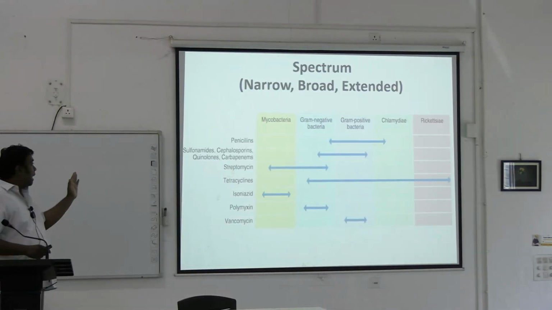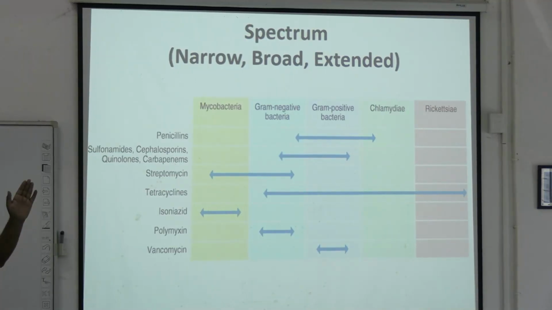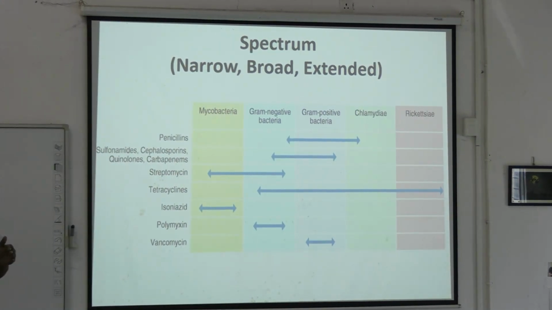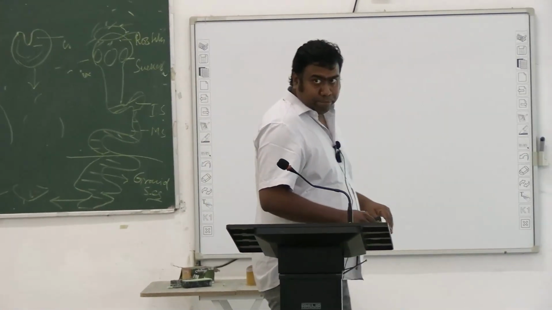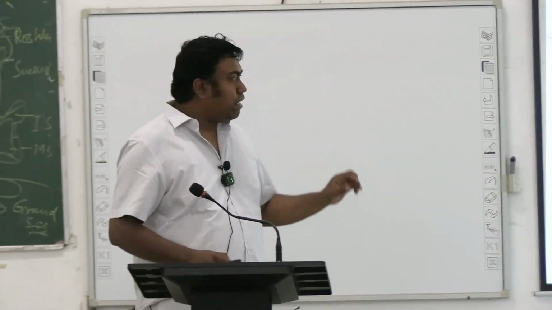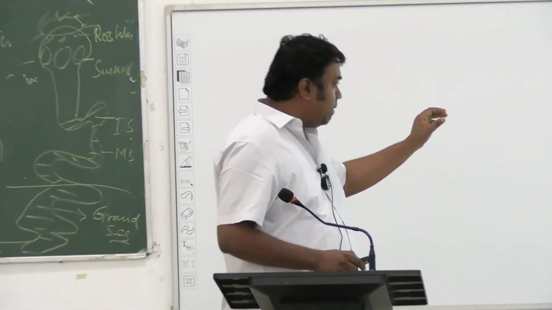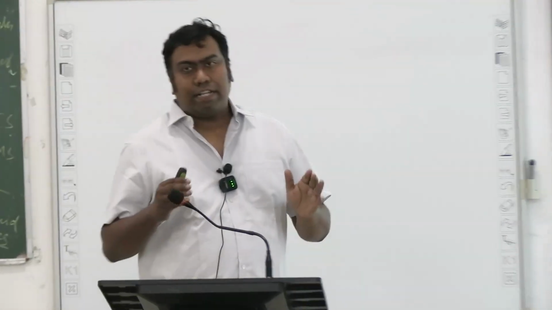But tetracycline not only covers gram positive and gram negative, it also covers chlamydia and rickettsia. Very rarely can other drugs cover that. Clear? Similarly, few drugs like isoniazid, polymyxin B and vancomycin are restricted to only one group. They are very narrow spectrum.